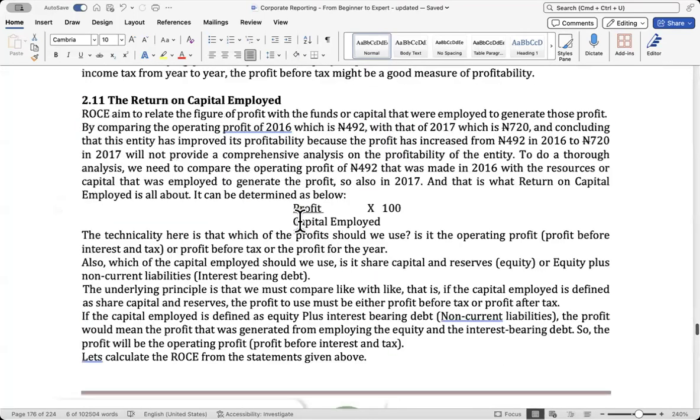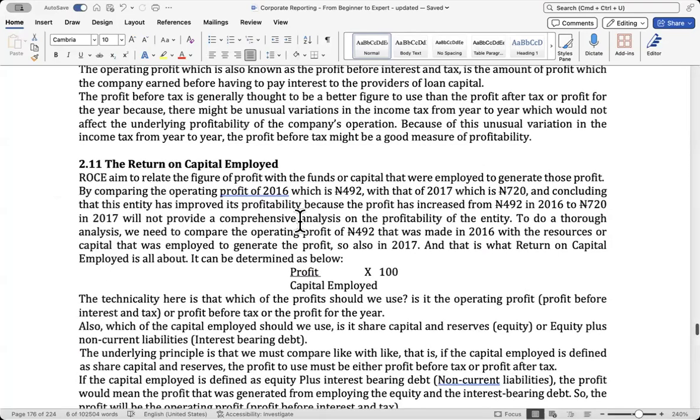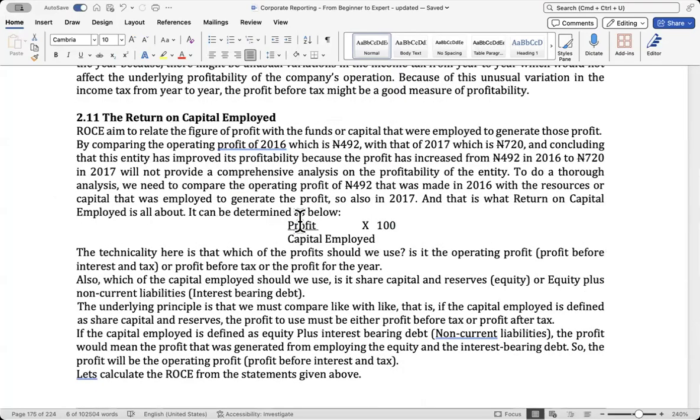But when you see return on capital employed, this looks beyond equity. It looks at the profit an entity generates from its entire capital structure, meaning a combination of its equity capital and debt capital. So it doesn't restrict the capital employed.